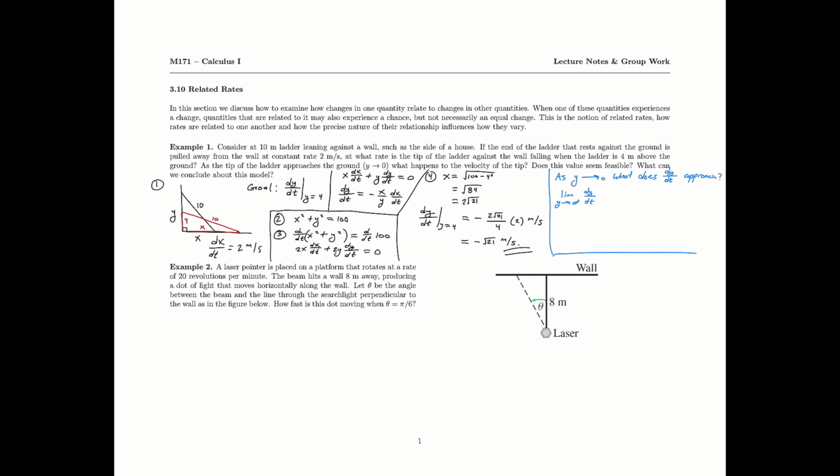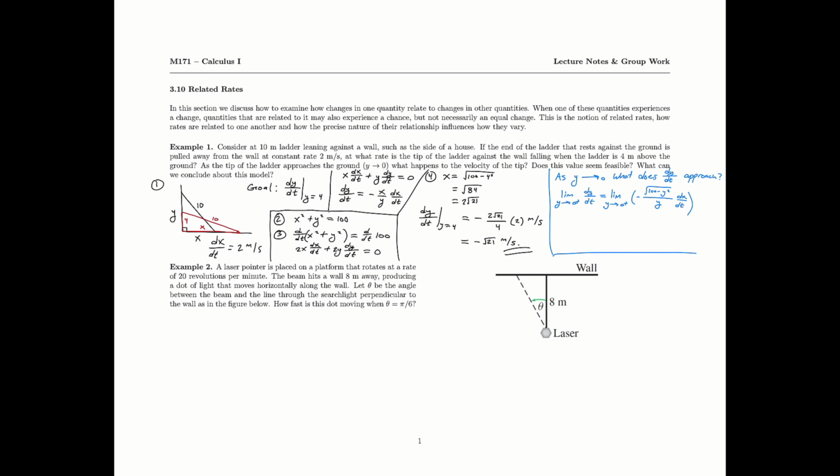Well, if we go ahead and replace this in, dy/dt, before we plugged in all of our numbers here, dy/dt was this. So this was negative the x value, and the x value is just the square root of 100 minus y squared, all over y, times our dx/dt.